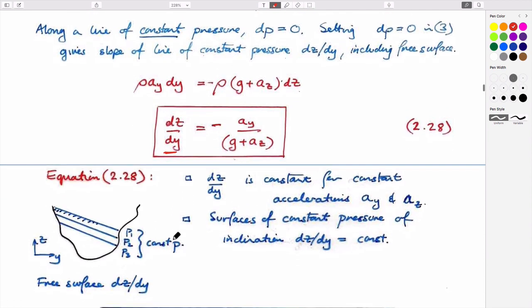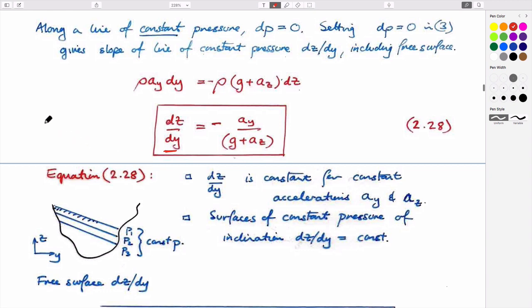So physically, what that means is that if you look at the reference frame that we have, so this is maybe the bus, this is the y direction, this is the z direction. If we know that on that bus, the inclination of the fluid looks something like this, then this is dz, this is dy, and it's a function of these components, right?